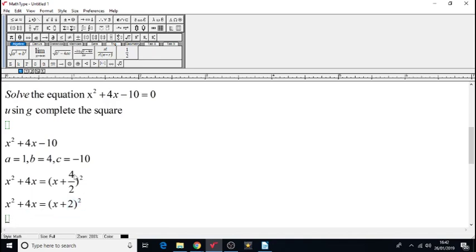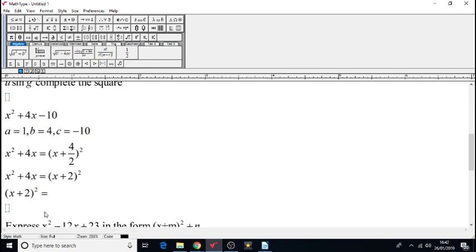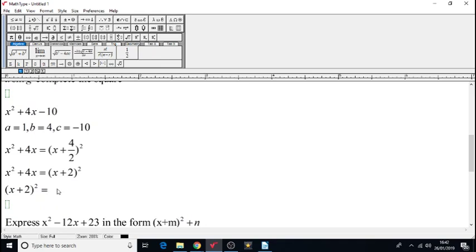I'm just going to expand that bracket. So x plus 2 squared is equal to x squared plus 4x plus 4.